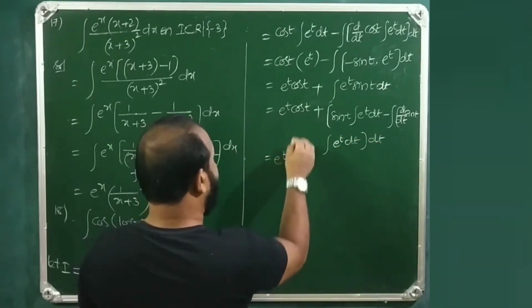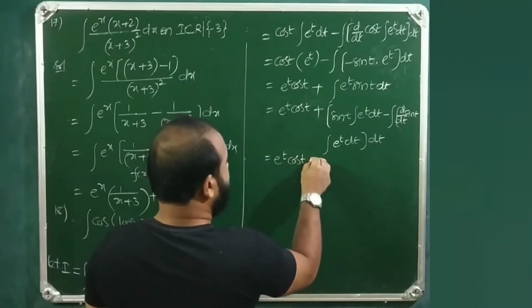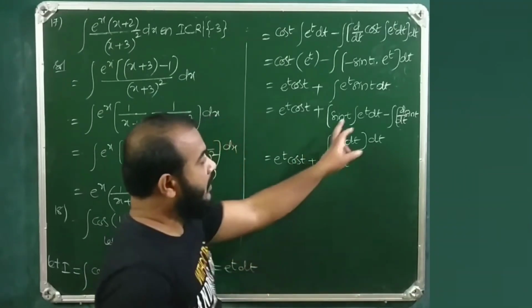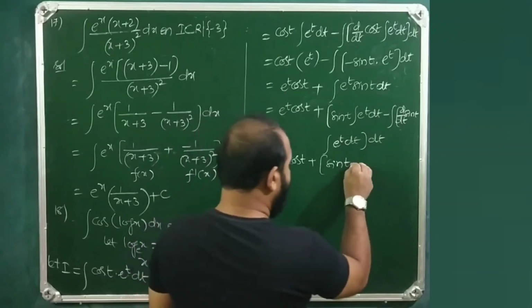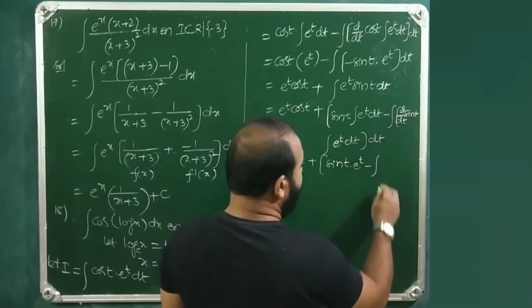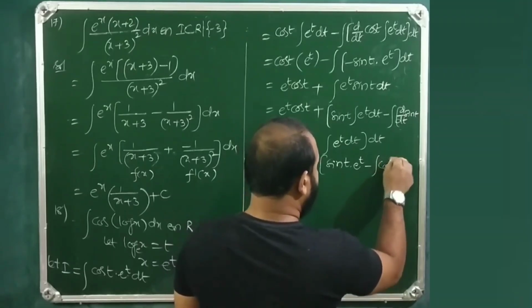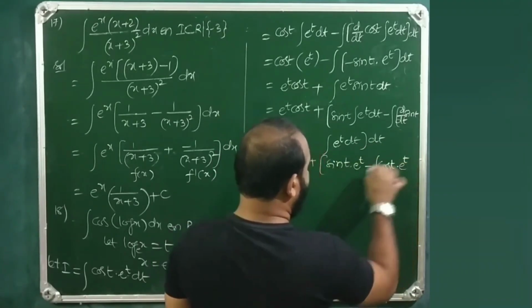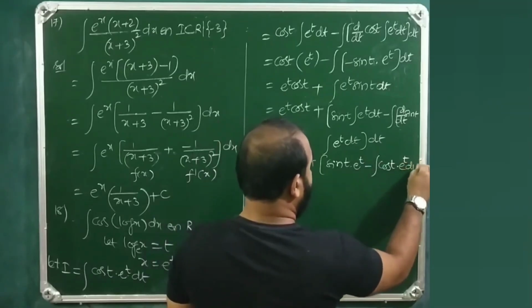This is e power t cos t plus sin t, integral e power t dt is e power t, minus d by dt of sin t, which is cos t, into integral e power t dt, which is e power t, dt.